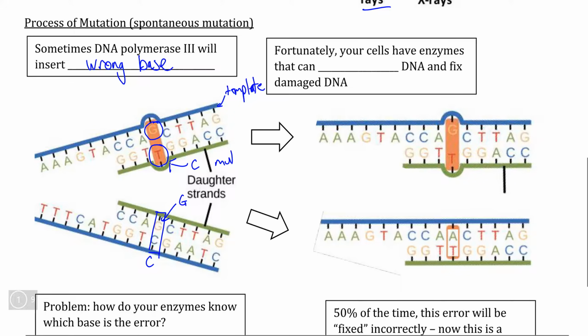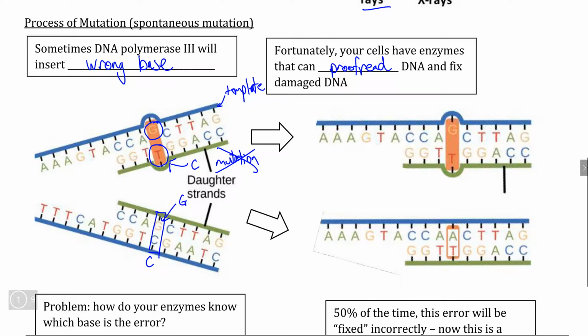Now, if you were to call this a mutation, you would actually be incorrect because this change is not permanent yet, because your cells have specific enzymes that can look over a replicated DNA strand and proofread the DNA looking for any DNA damage such as a wrong base pair that's been inserted.